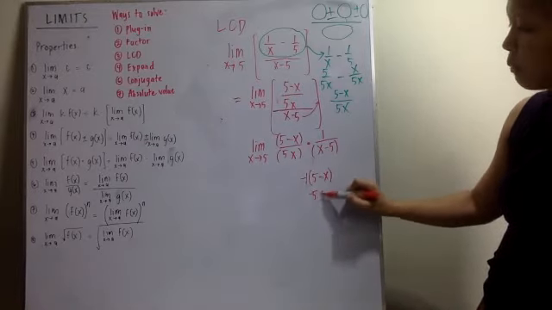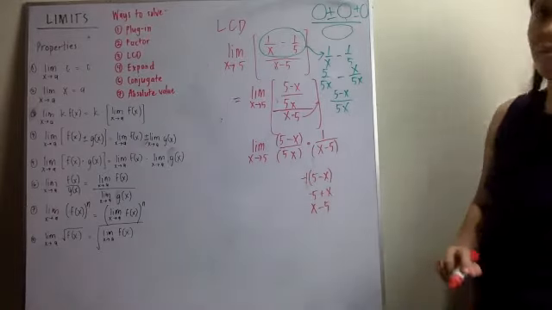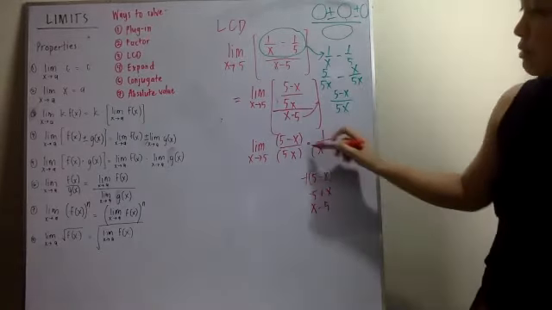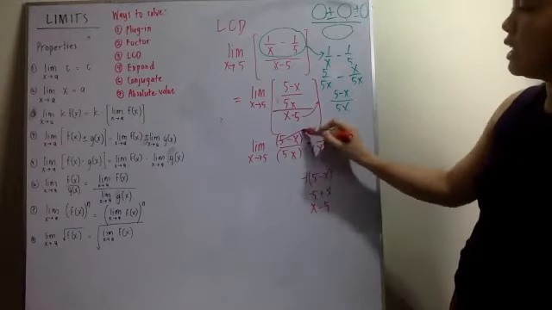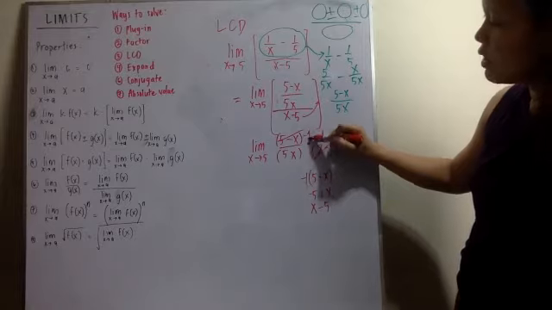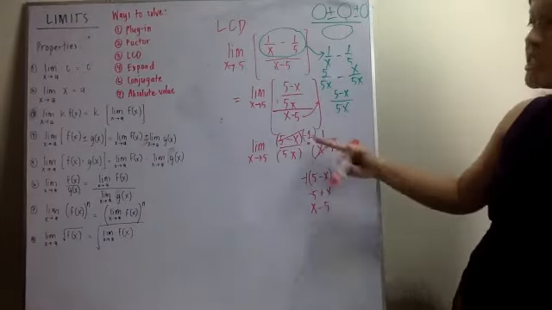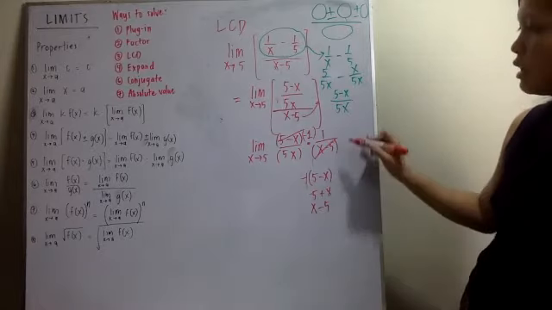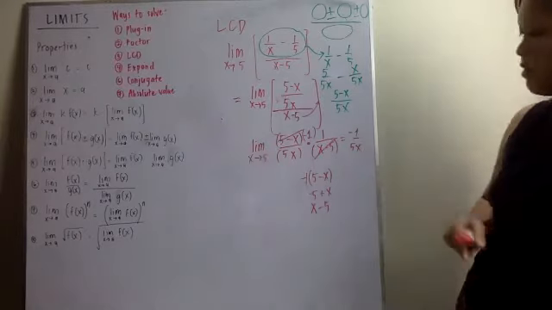Negative 5 plus x, rearrange natin, x minus 5. Okay? So, ibig sabihin, 5 minus x and x minus 5, pwede mag-cancel. May iwan ako with negative 1. Okay? Nakuha kung saan nanggaling si negative 1? Yes po. Okay, so this is equal to negative 1 over 5x.